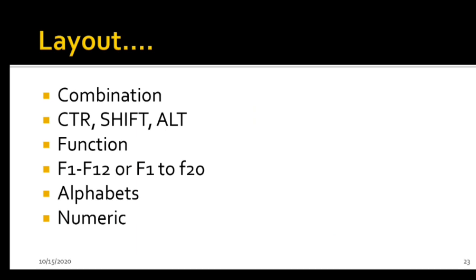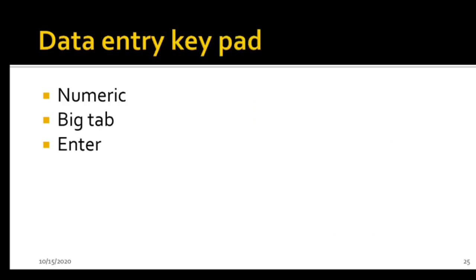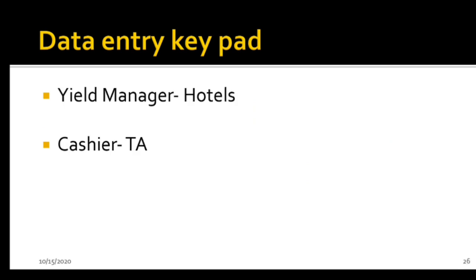Then alphabetic keys and numeric keys from 0 to 9 are there. Then directional keys are there: up, down, left and right. Then numeric keys, a big tab and an enter key are there on the data entry keypad. That is why your typing speed is very fast on the data entry keypad.